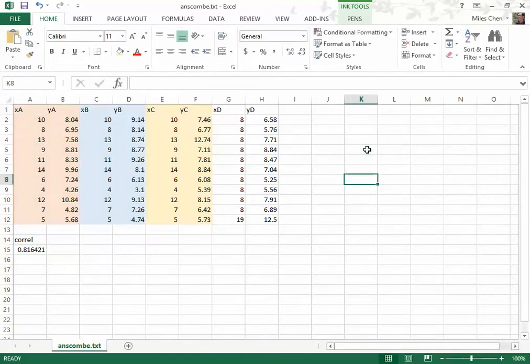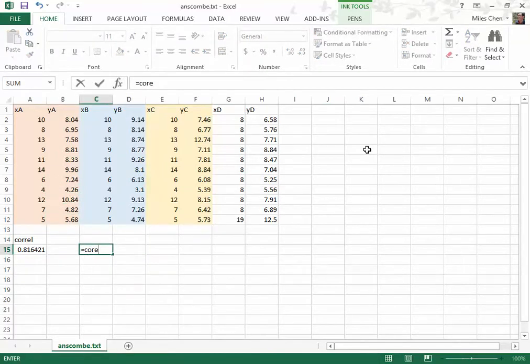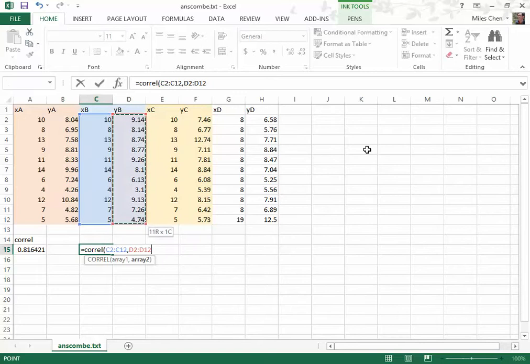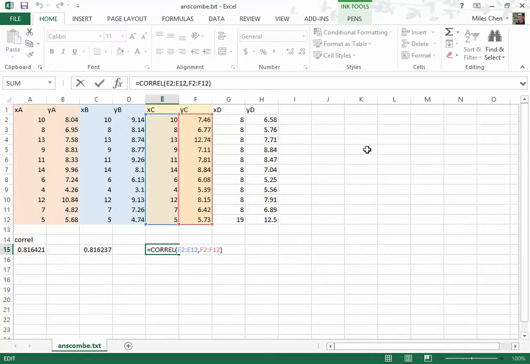I'm going to do the correlation right here also, for B2 to B12, C2 to C12 and D2 to D12, and the correlation there is almost the same. These are just shortcuts, but I can calculate the correlation for each of these pairs.